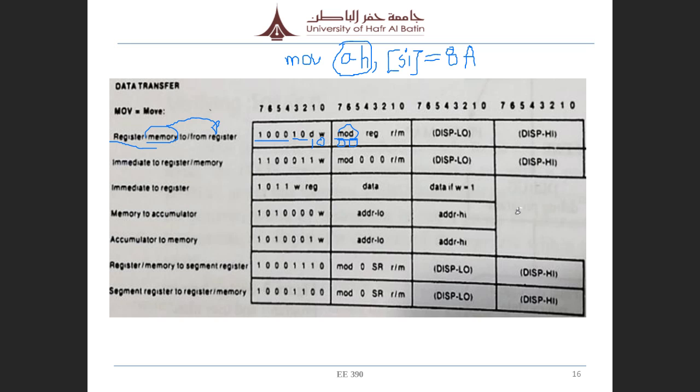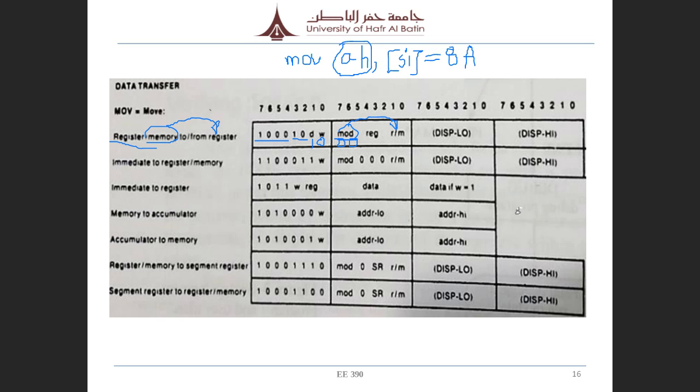Register or memory is related to the mode, and the REG field is fixed for AH. So what will be the REG field? Okay, let us open that one. REG field for AH.